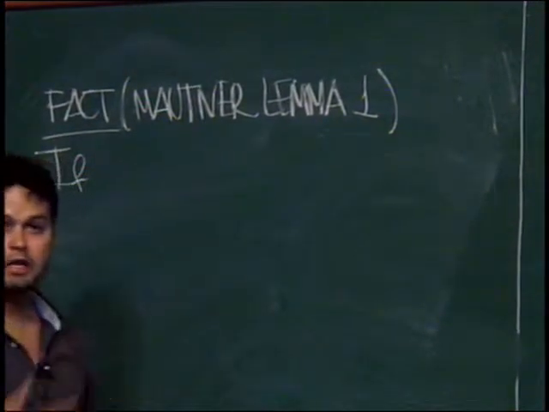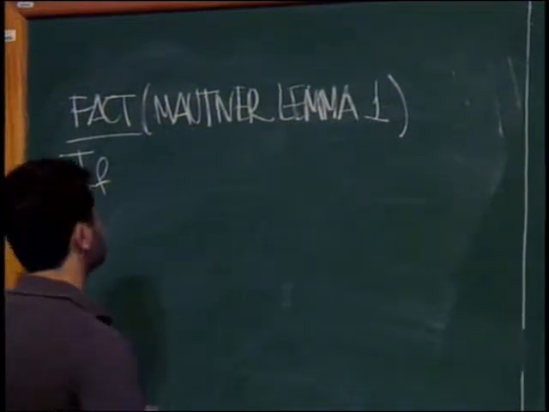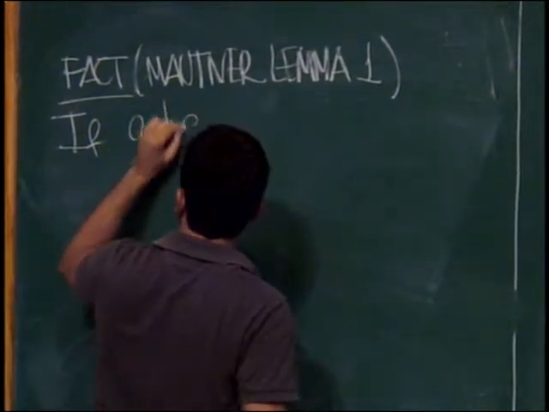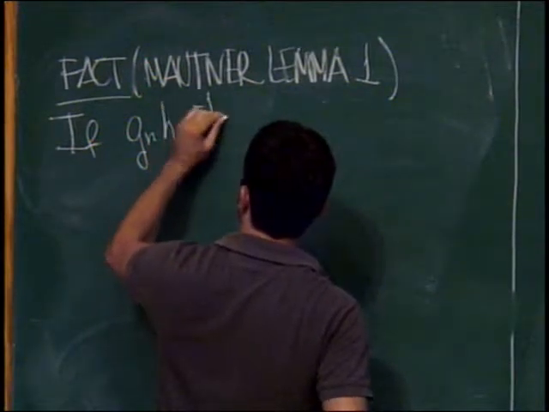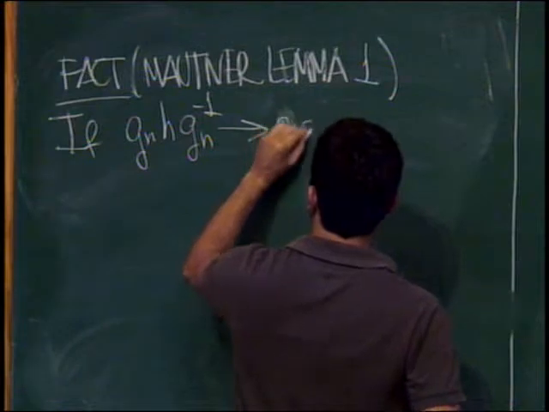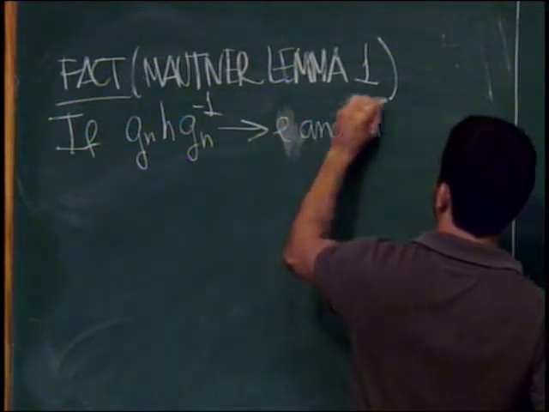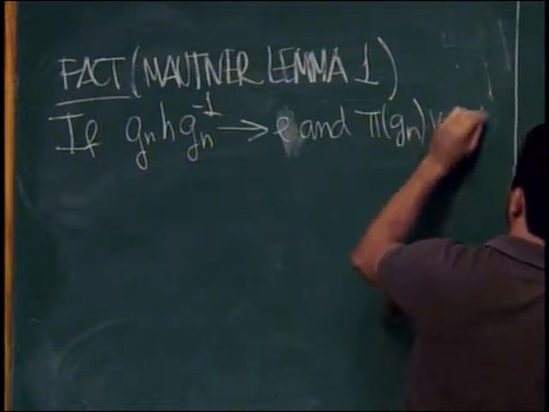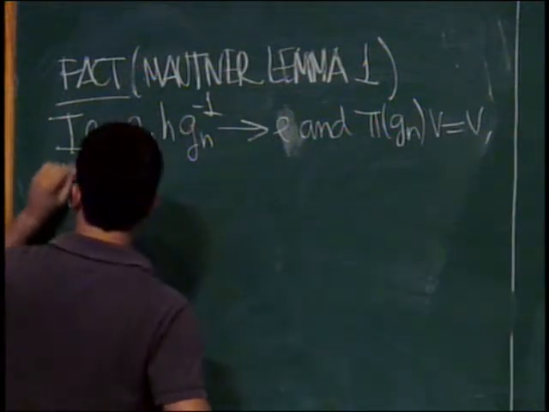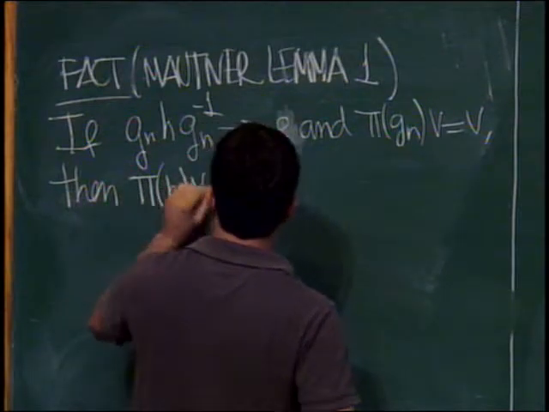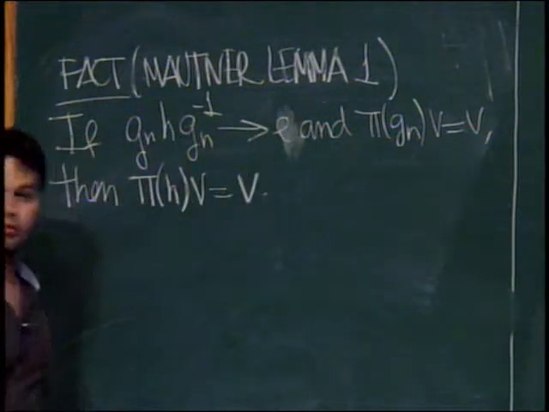Assuming that also pi is unitary and strongly continuous, if G_n h G_n to the minus 1 converges to E, and pi of G_n of a vector V is equal to V, then pi of H at V is equal to V.